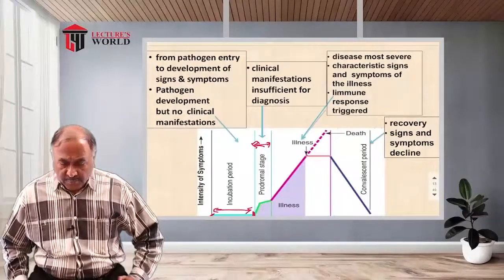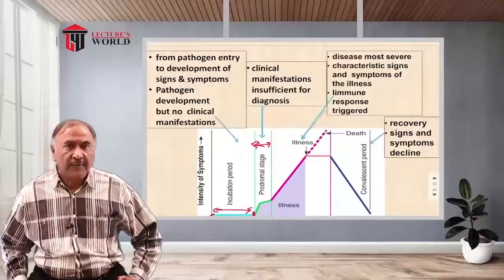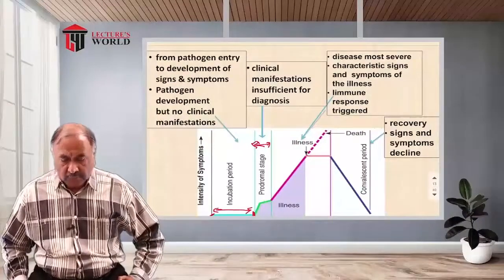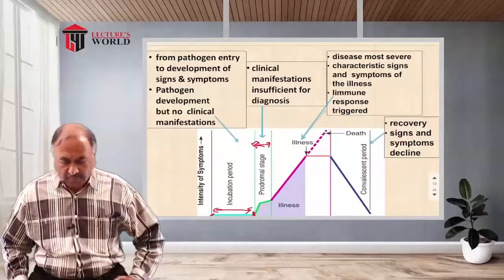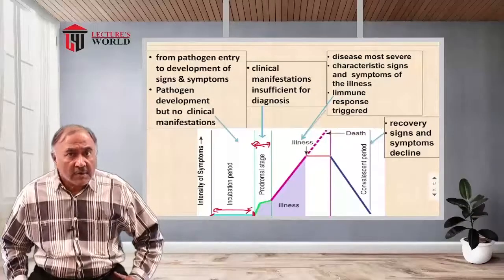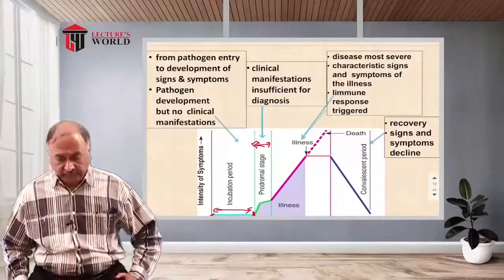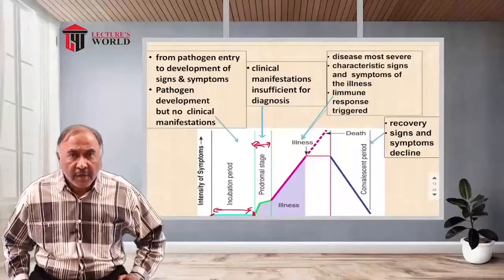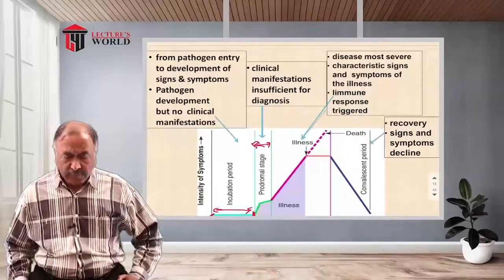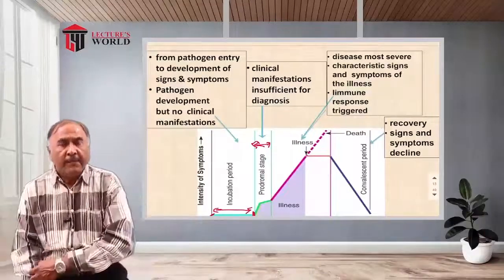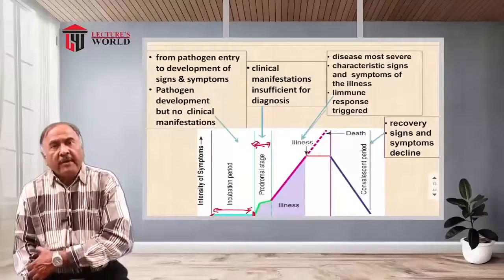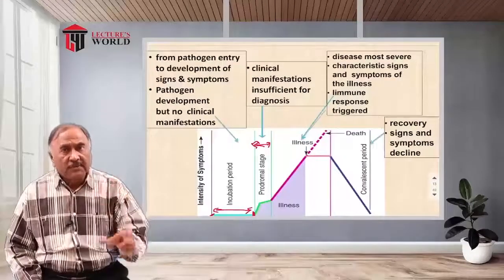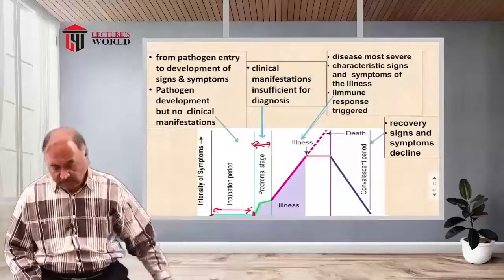It means the disease is now well established. The immune response has also been triggered. And this is a period of actual illness. And probably this is the time where the person feels most uncomfortable.